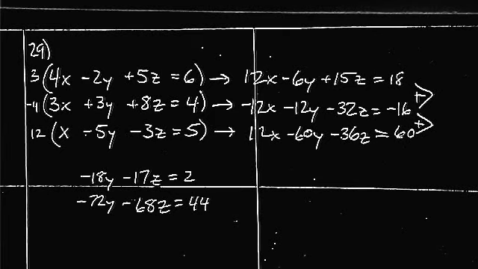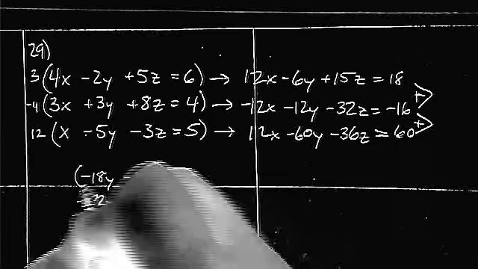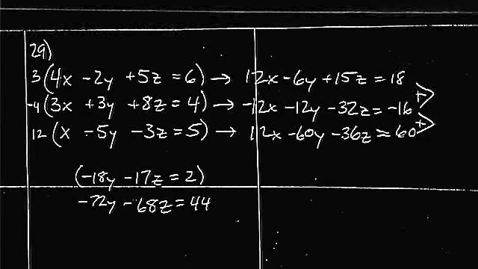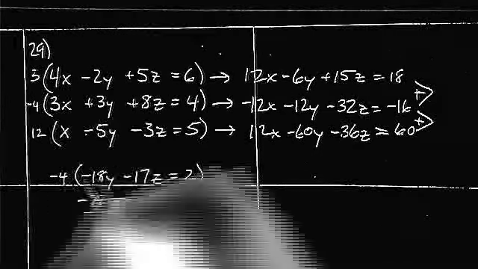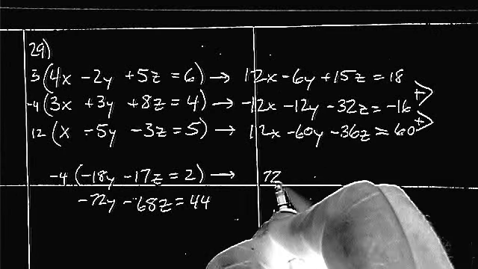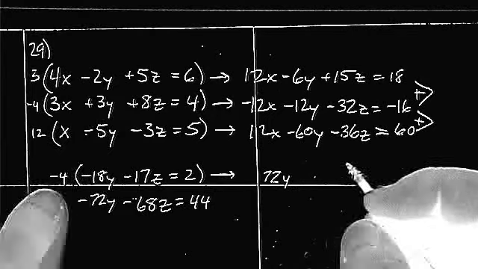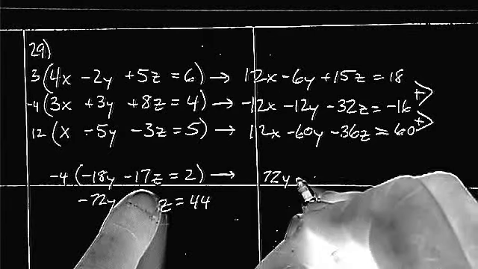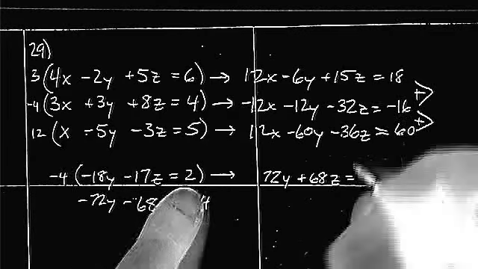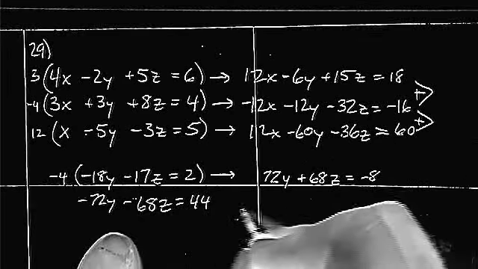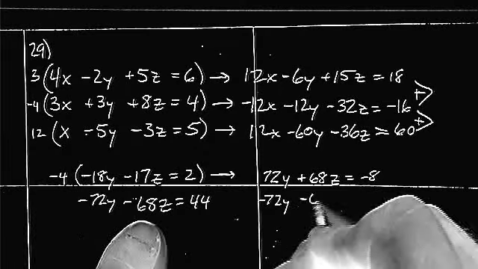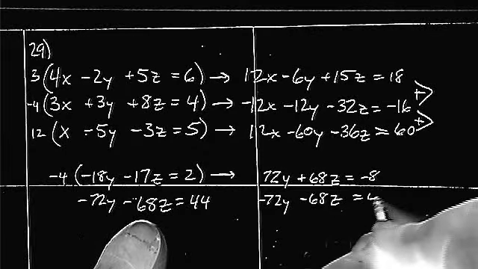Good news is that 18 goes into 72, so I'm going to multiply this top equation by negative 4. That's going to give me positive 72y and positive 68z and negative 8. And then, of course, the other equation stays the same. Negative 72y minus 68z equals 44.